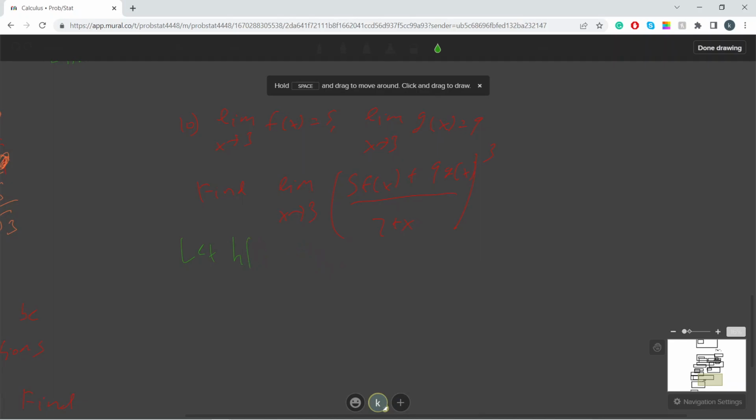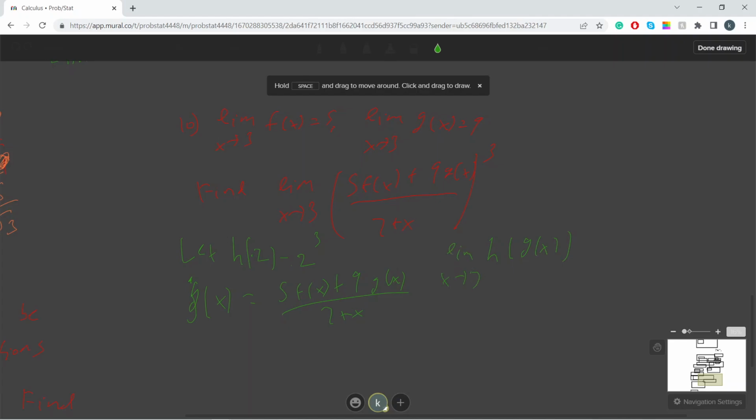Let's let h of z equal z cubed. And we can also let g of x equal this 5 f of x plus 9 g of x. Actually, let's make this j of x so that we're not using the same letter. So what we're really doing is taking the limit as x approaches 3 of h of j of x. It's a composition.